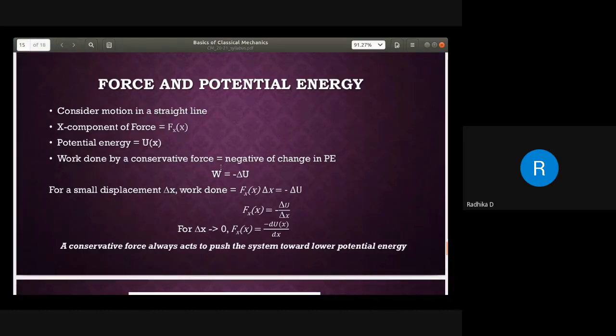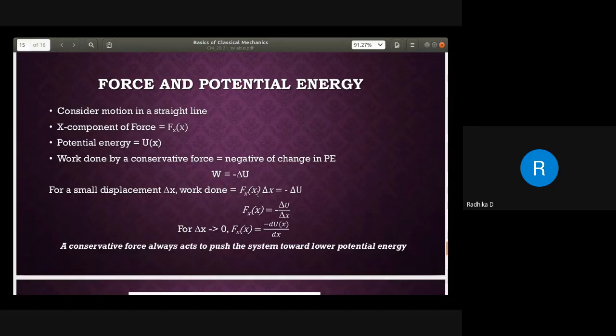Then work done W will be force into displacement, so Fx of x into delta x. So work done is equal to minus delta U. That means Fx of x into delta x I can write as minus delta U. I just substituted for the work done in terms of the force and the displacement.